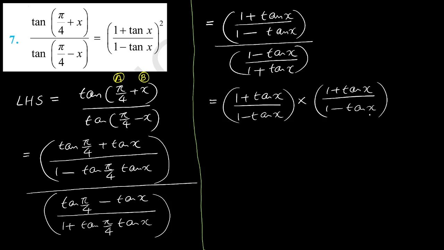So I got (1 plus tan x) by (1 minus tan x) into the same term, that is (1 plus tan x) by (1 minus tan x) all square. A number into the same number is its square. Understood? That is RHS.